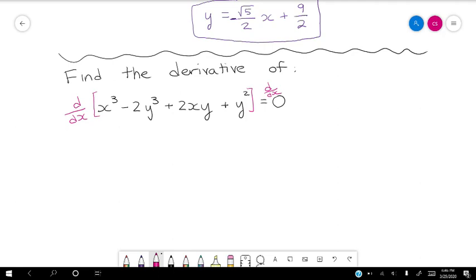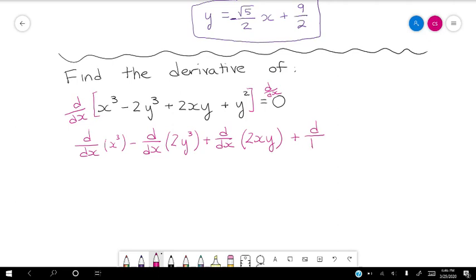We're going to be taking the derivative with respect to x of x cubed, minus the derivative with respect to x of 2y cubed, plus the derivative with respect to x of 2xy, plus the derivative with respect to x of y squared, equals the derivative with respect to x of 0.